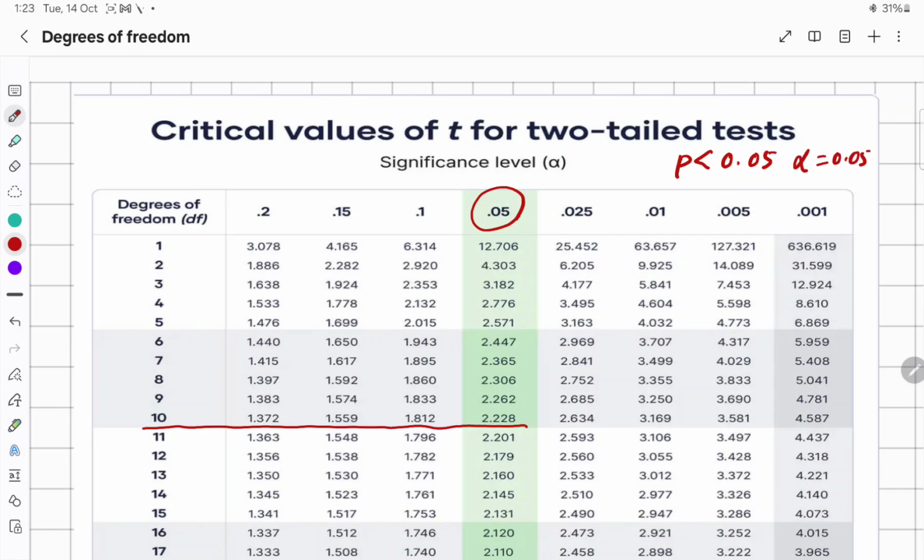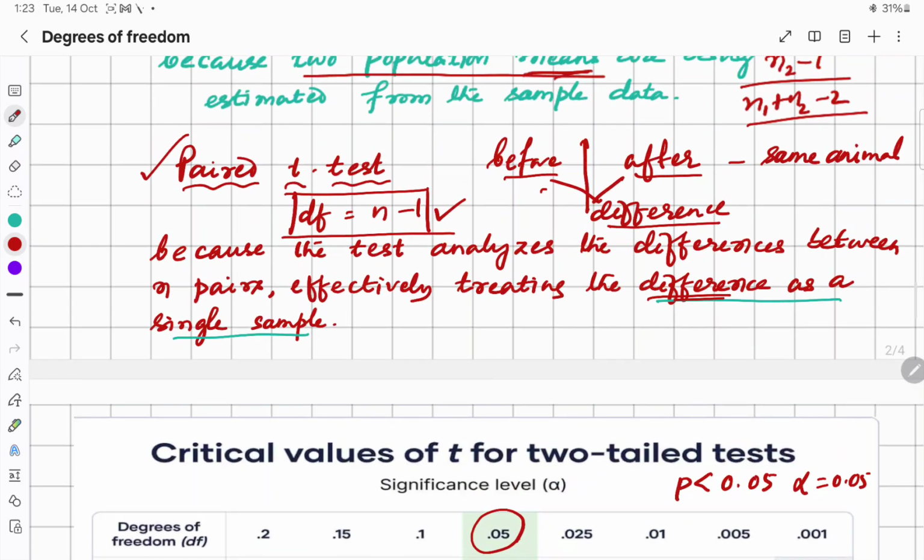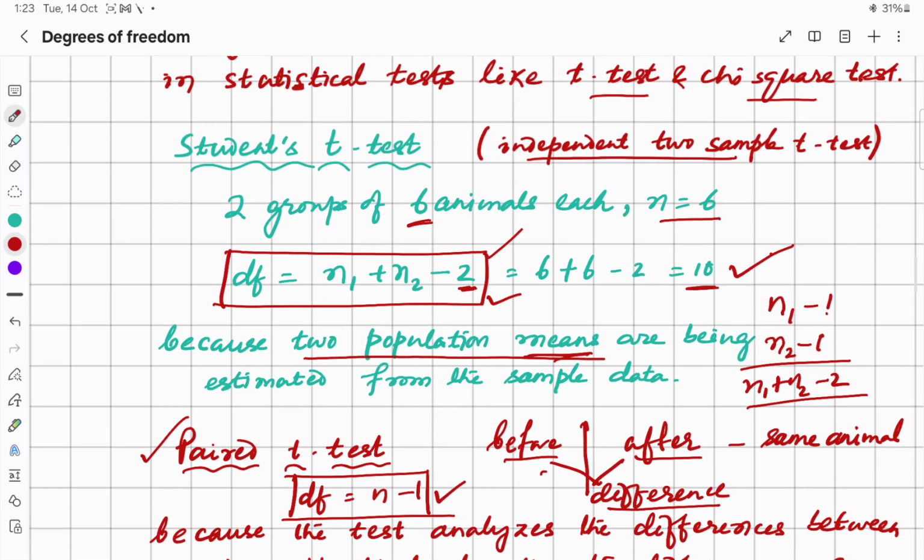So in that case this value is 2.228. So this is the table value or critical value, and the calculated t value should be more than this. Then only we can say there is a difference between these two groups of drugs. Suppose one group is a control and the other group is the test.